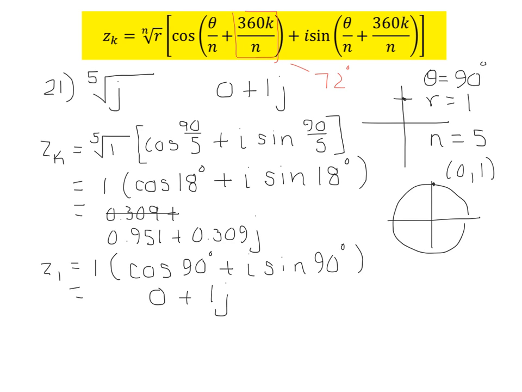To find my third fifth root of j, I'm just going to need to add 72 degrees again. So it'll be 1 times the cosine of 90 plus 72 degrees plus I times the sine of that.